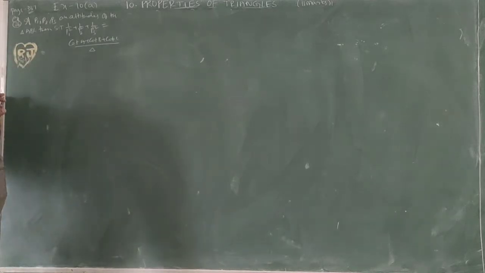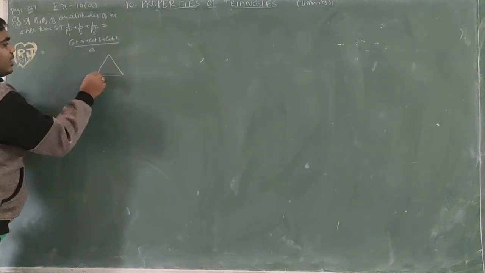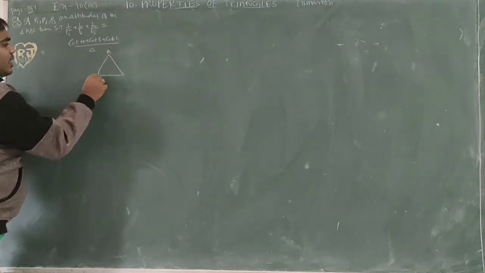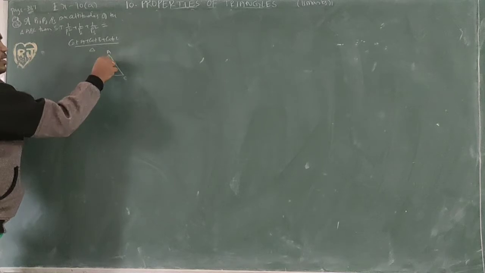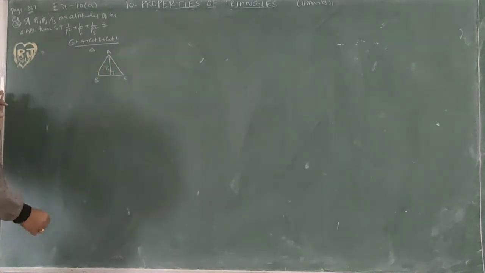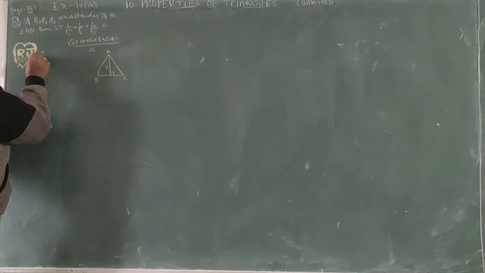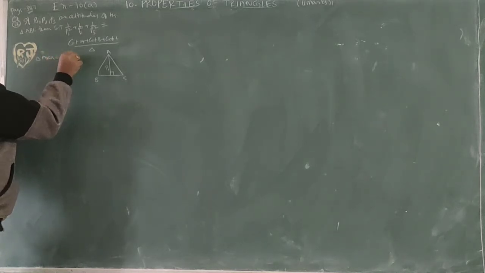So 1 by P1 square plus 1 by P2 square. P1, P2, P3 are altitudes. I am taking a triangle ABC. So this is the altitude P1. So area of the triangle equals half into base into height.